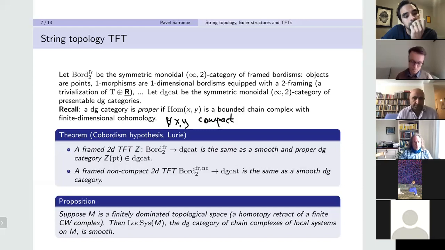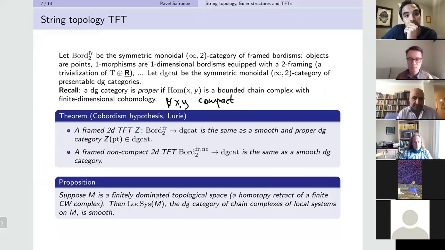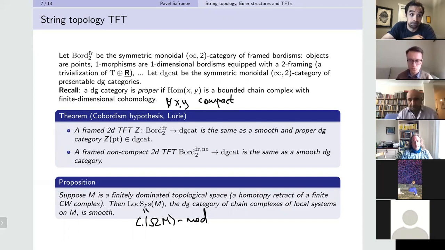Well, can you equivalently work with the chains on the base loop space? Yeah. So this category is always equivalent to modules over chains on the base loop space. Which is smooth as a DG algebra, assuming X has this finiteness condition, right? Exactly. There's again the notion of smoothness for DG algebras, which is something about the diagonal bimodule, and under this finiteness condition, this is a smooth DG algebra.